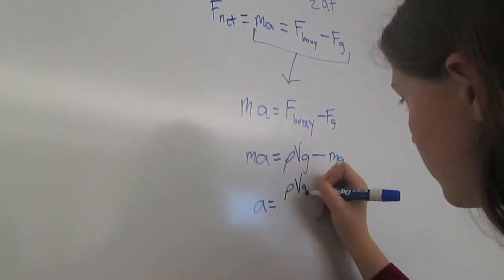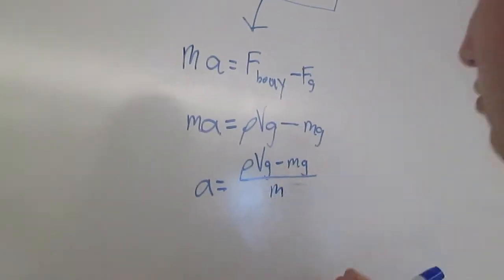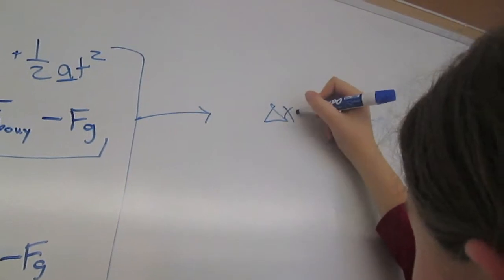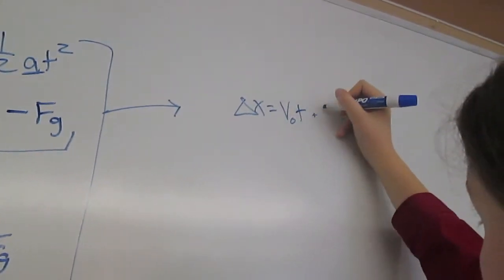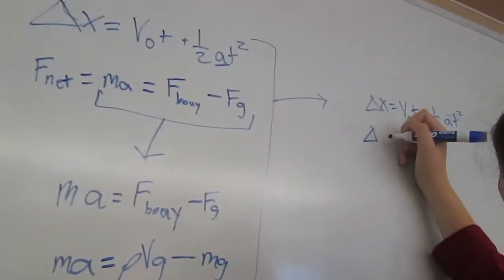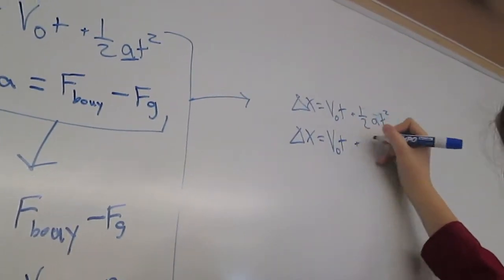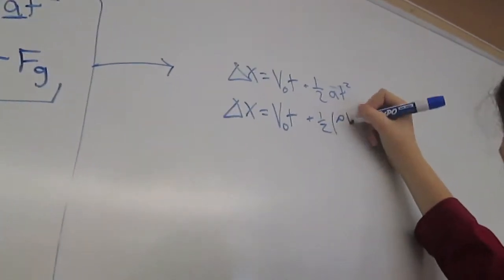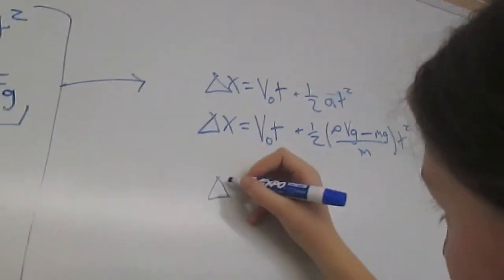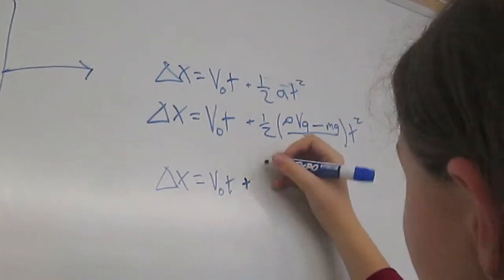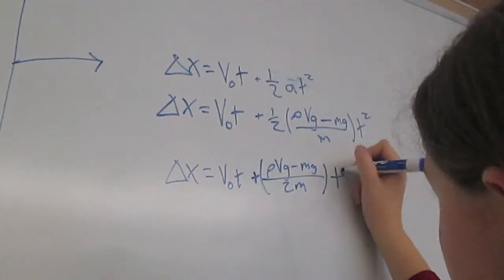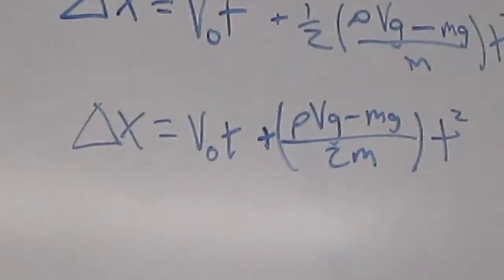Then we divide both sides by m to get rho Vg minus mg over m, and that is our acceleration that we're going to use in our delta x formula. Delta x equals v naught t plus 1/2 at squared, and we plug in this a, so delta x equals v naught t plus 1/2 times rho Vg minus mg over m times t squared, and that 2 combines with the m, so we have this new thing right here, and that's our formula.